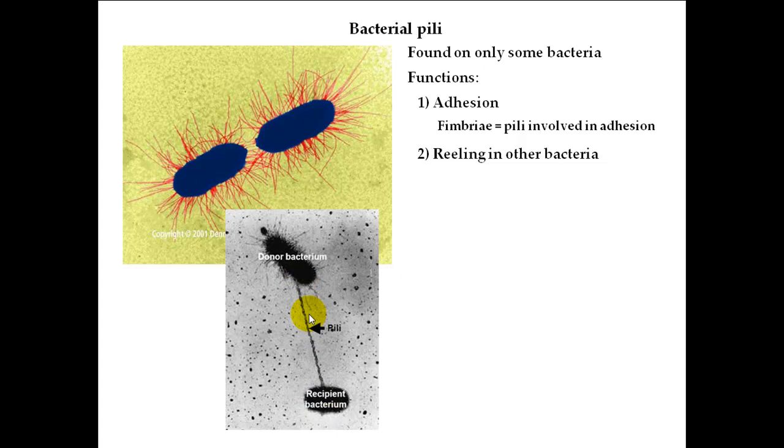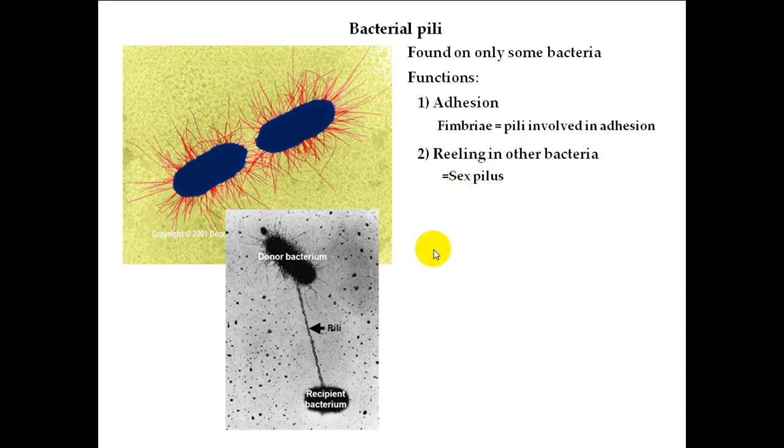And we'll see later on that the reason it does that is so that it can exchange genetic material with it. Whenever you're talking about this type of pilus, one whose purpose is to reach out and grab another bacterium and bring it close, that type of pilus is called a sex pilus. It's called a sex pilus because after it reels the other bacterium in nice and snug, it's able to exchange genetic information with that bacterium.